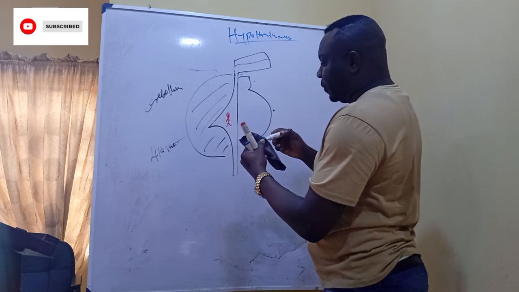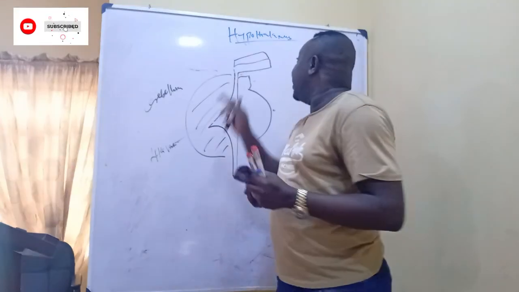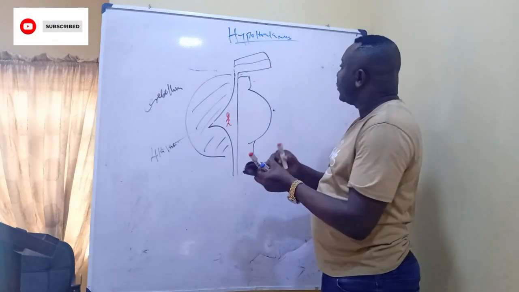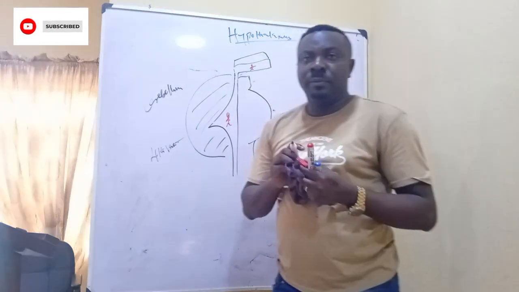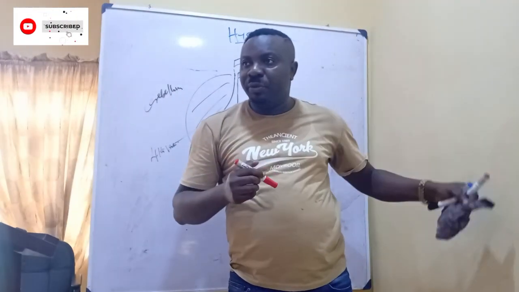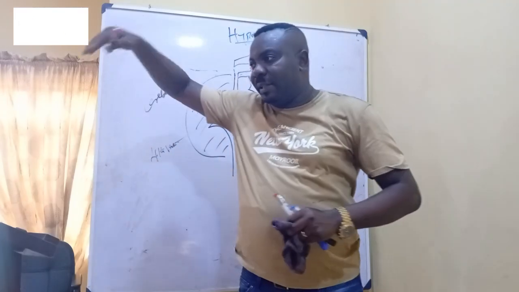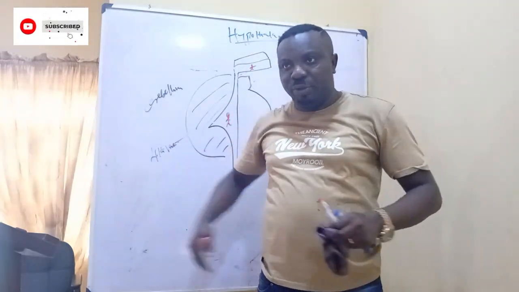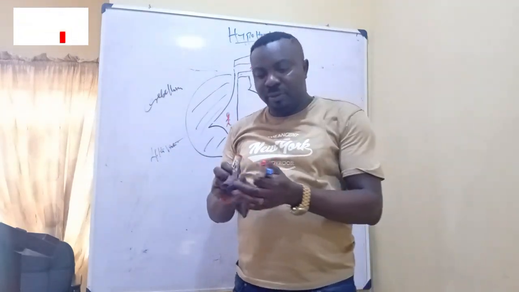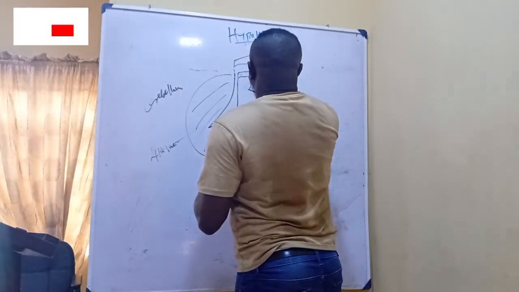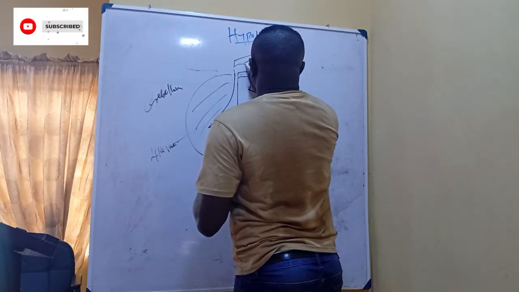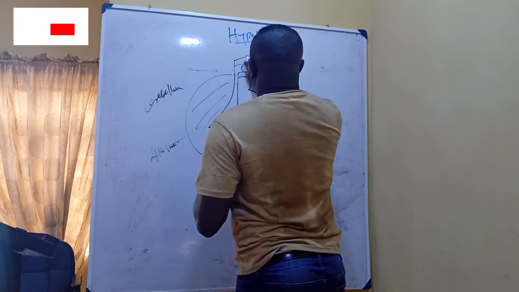Now, let's say you are in the third ventricle. Beside you, there is a structure, and on this other side, there's also a structure. That structure is called what? The thalamus. Is it not so?